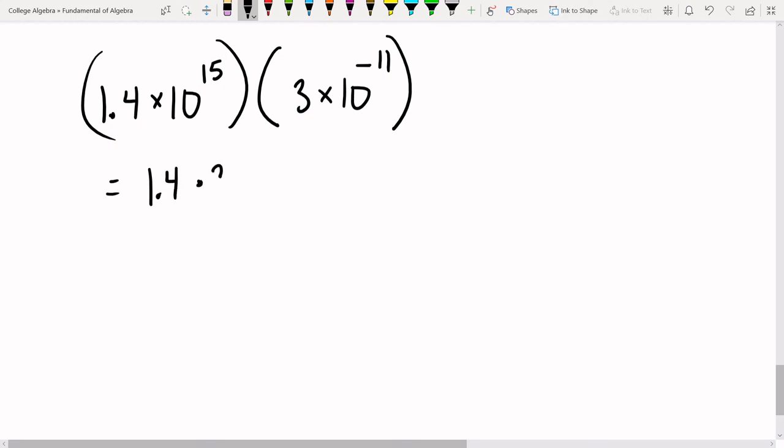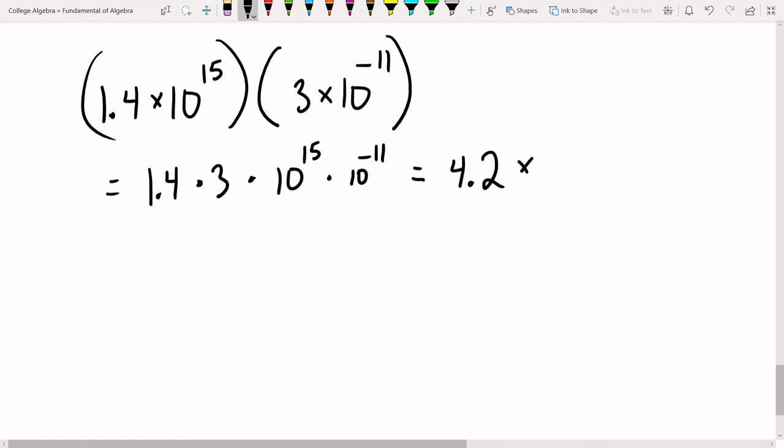And then we'll get the exponential parts together. Now I have 1.4 times 3. 1.4 times 3 is, let's see, 4.2. 14 times 3 is 42, yeah.